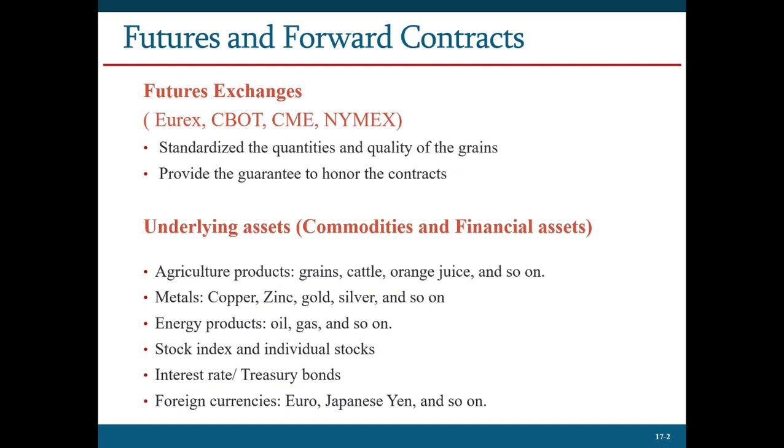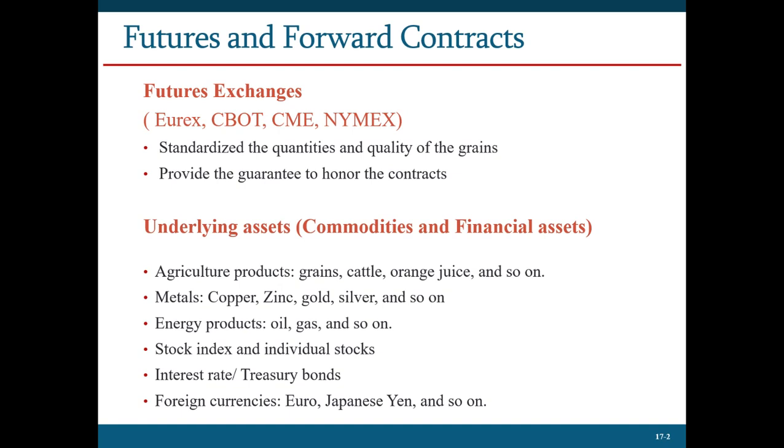Here are the major types of underlying assets that can be traded in a futures contract. First is agriculture products: grains, cattle, orange juice, wheat, corn, and so forth. On CBOT, you will see a lot of agriculture products traded within futures contracts.